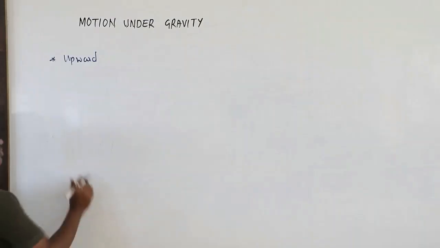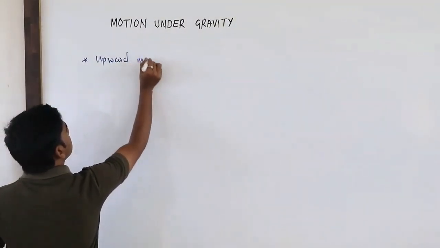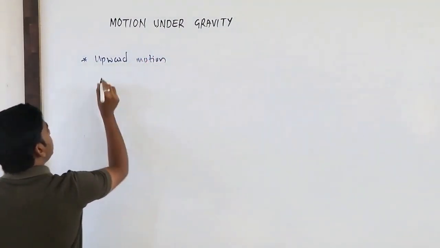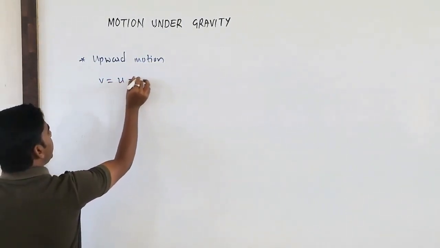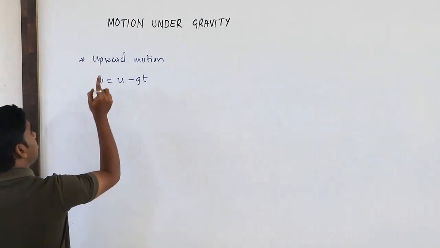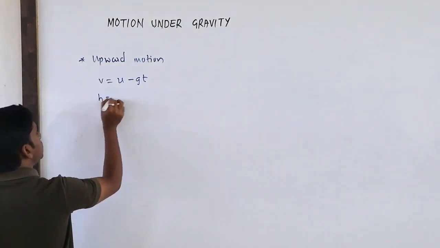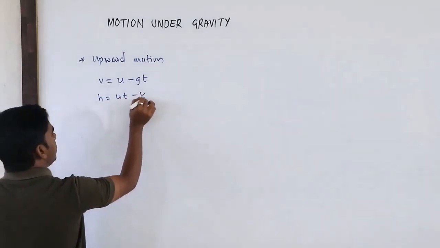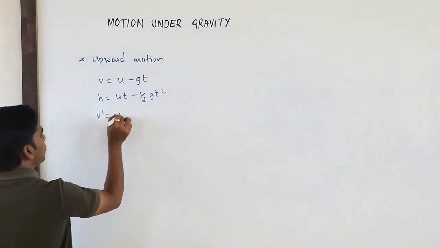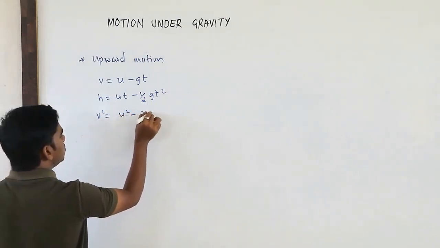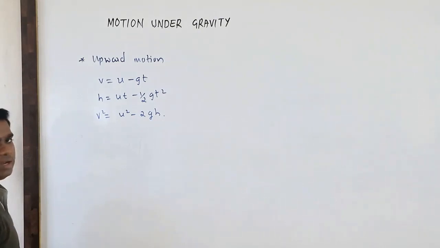So totally we got 6 equations. For upward motion, V equals to U minus GT, then H equals to UT minus half GT square, and V square equals to U square minus 2GH. These are the equations for upward motion.